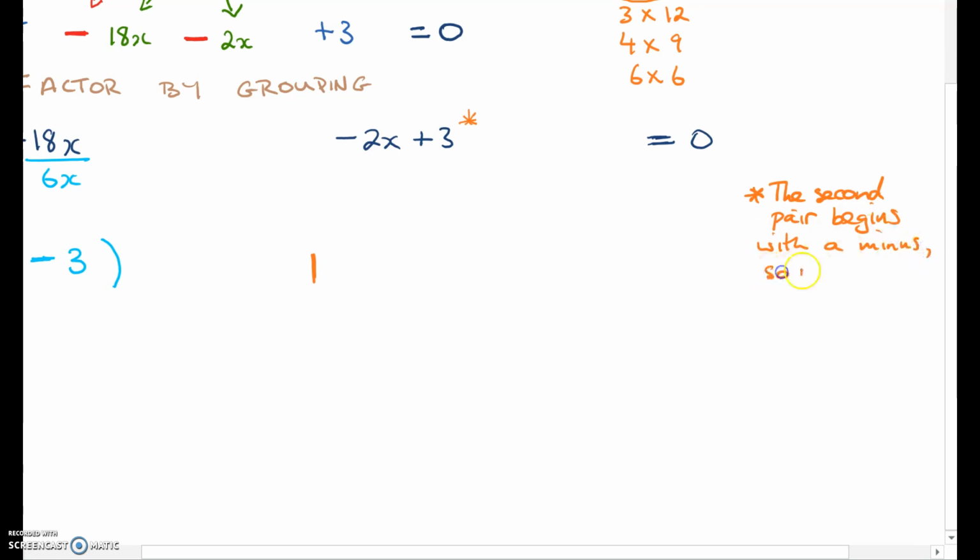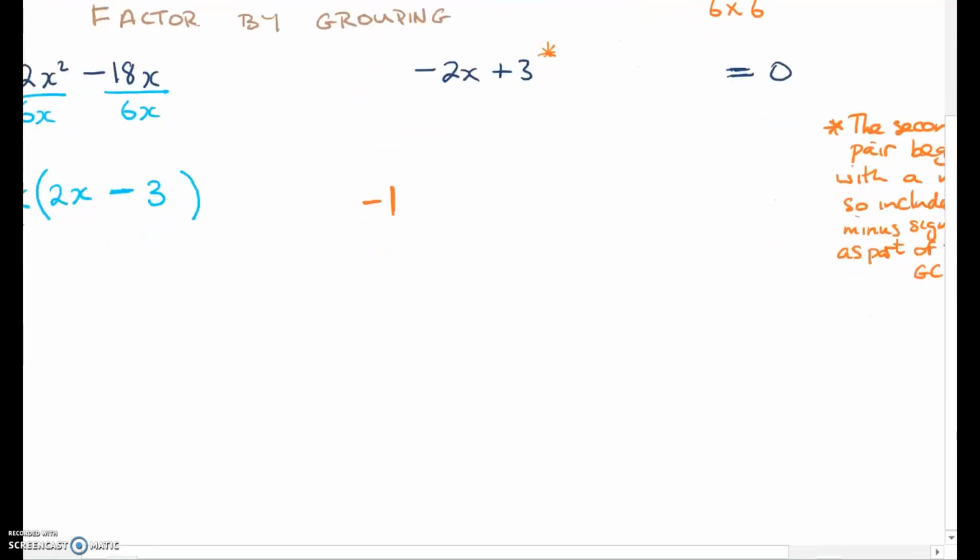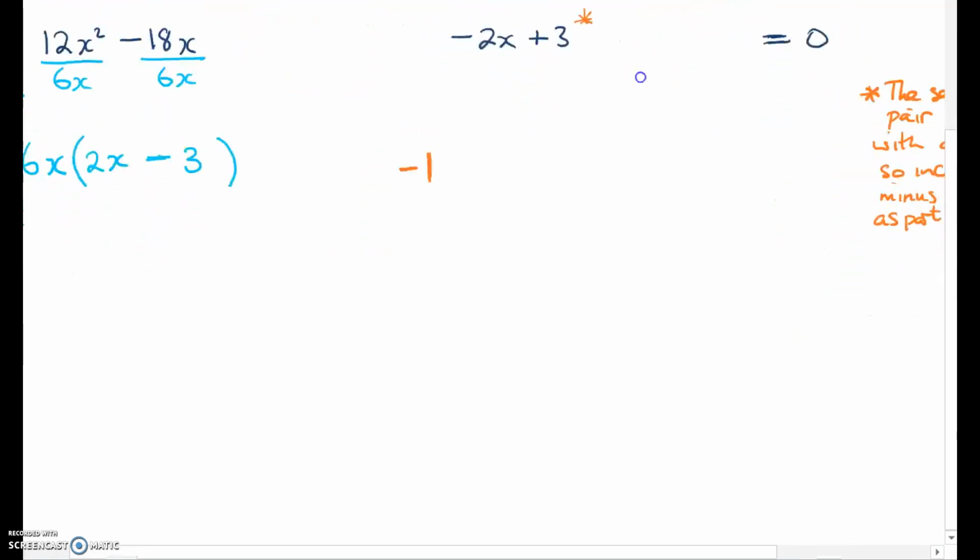So include the minus as part of your GCF. Okay, so the second pair began with a minus sign, so include the minus sign as part of the GCF. So make this minus. Okay, so let's come back and finish this off now.